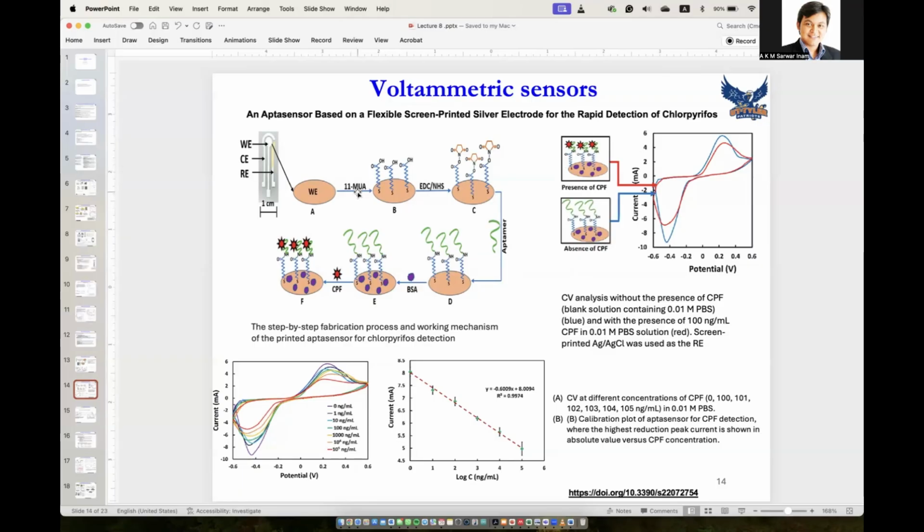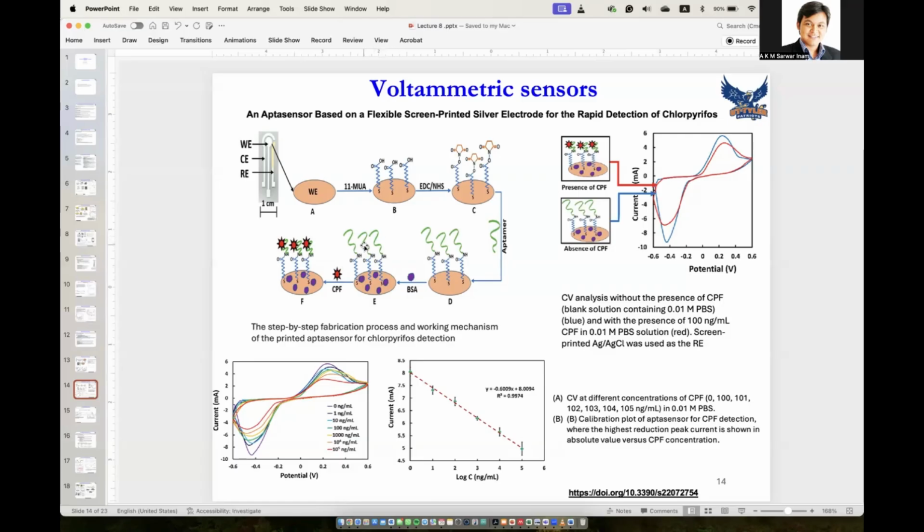At first, here you see in the working electrode, we are using 11-MUA, one kind of chemical, and then EDC-NHS chemistry, and then we're using an aptamer. An aptamer is a kind of DNA. So we're using this DNA aptamer on top of this EDC-NHS chemistry, and this aptamer is very specific to chlorpyrifos.